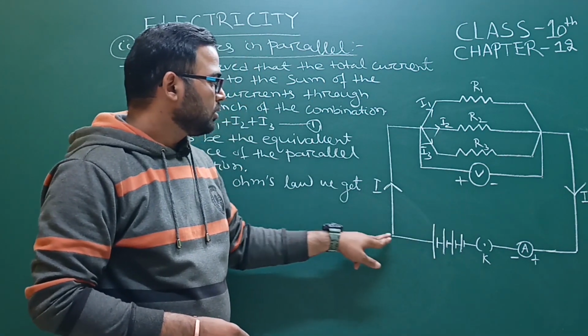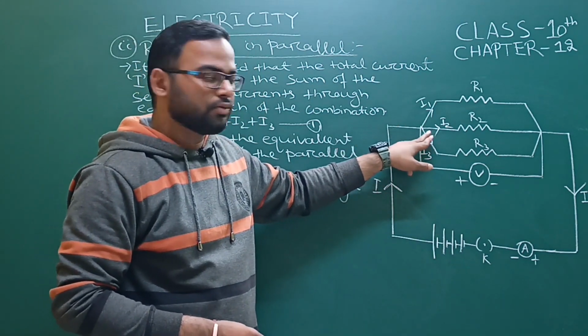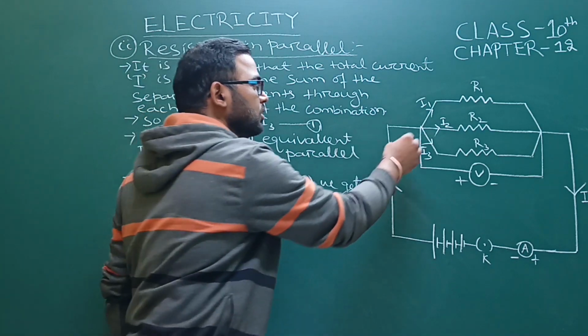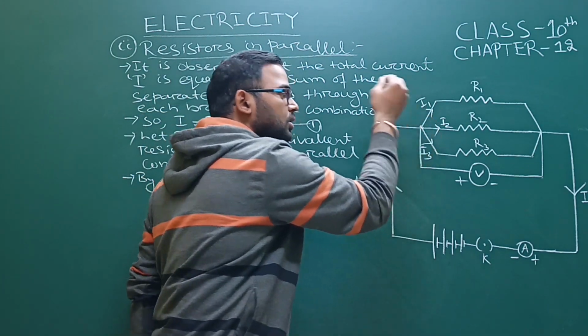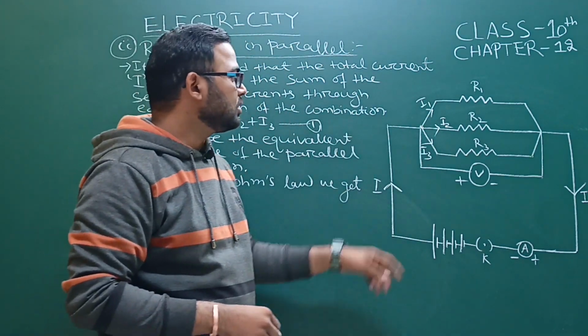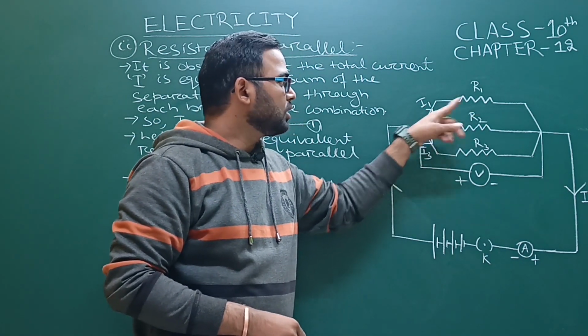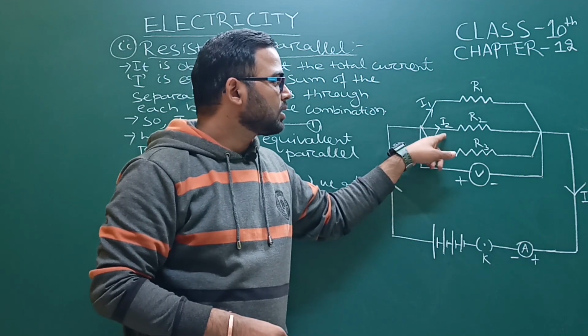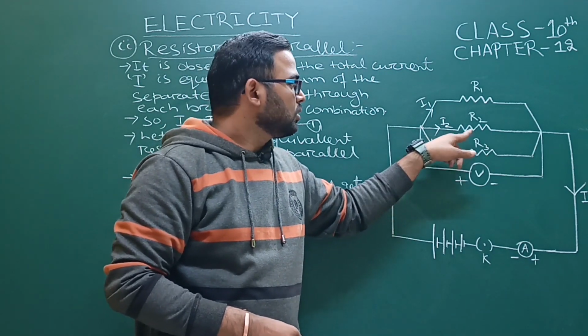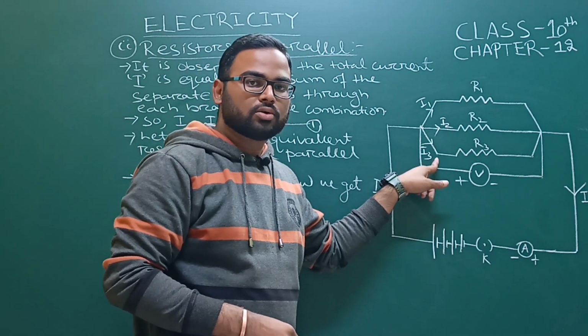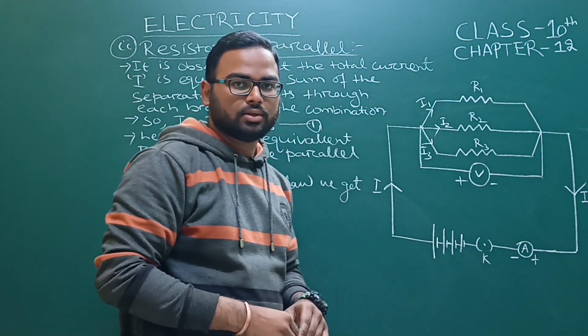From the battery, a current I flows through the circuit, but at this point the current divides. I1 amount of current goes through the resistor R1, I2 amount of current through R2, and I3 amount of current flows in R3.